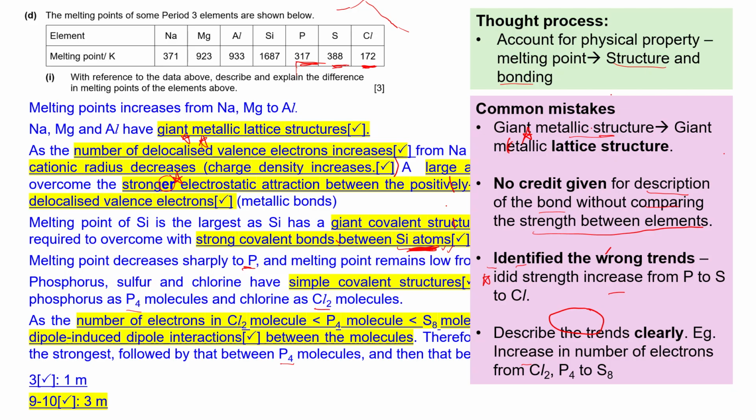Some of you identified a lot of wrong trends, like I mentioned. IDID strength increases from P to S to Cl. No. And many of you did not indicate the trends clearly. So you have to be able to write proper sentences like: increase in the number of electrons from chlorine to phosphorus to S8. Okay, so please take note.